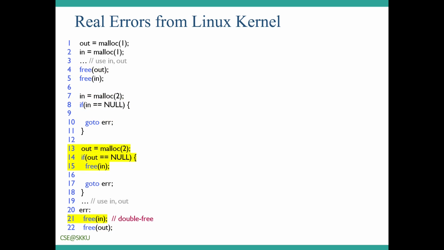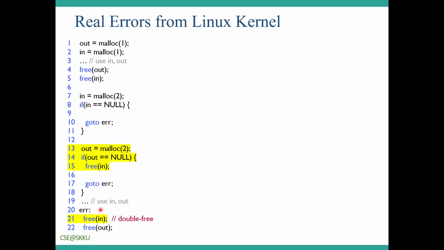Similarly, when malloc at line 13 fails, the buffer is freed twice, once at line 15 and again at line 21. Now that we have identified both double free errors, the next question is, how can we fix them?